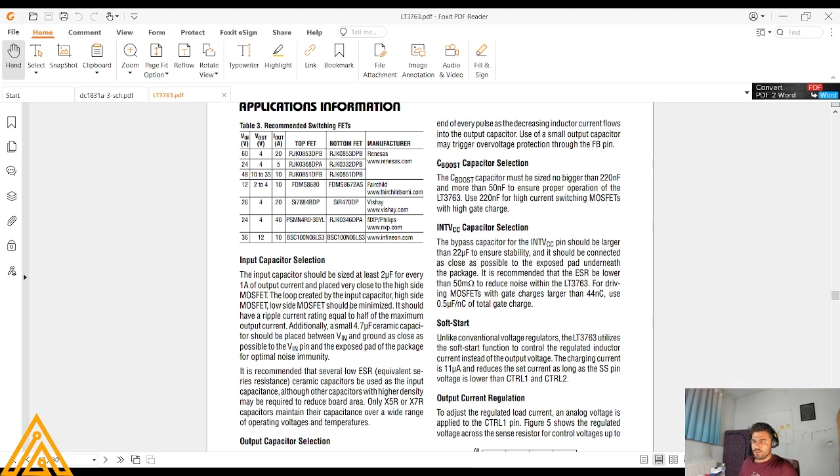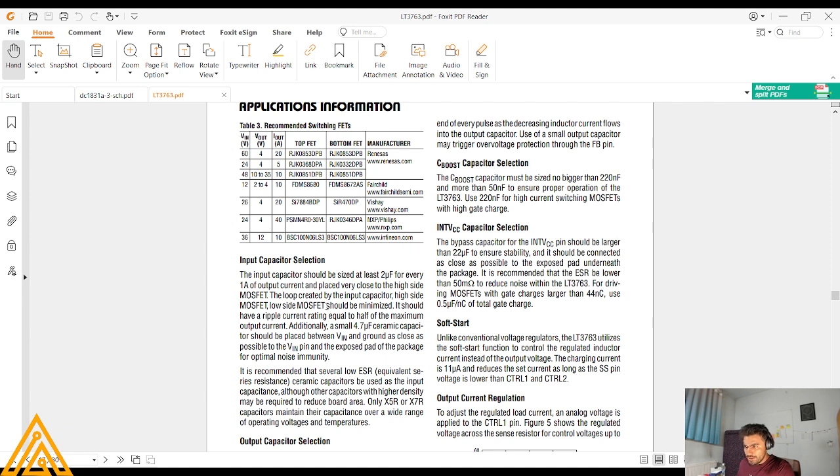Here is how you should think about the input capacitor. It says that the input capacitor should be sized at least 2 microfarads for every 1 amp of output current and placed very close to the high side MOSFET.